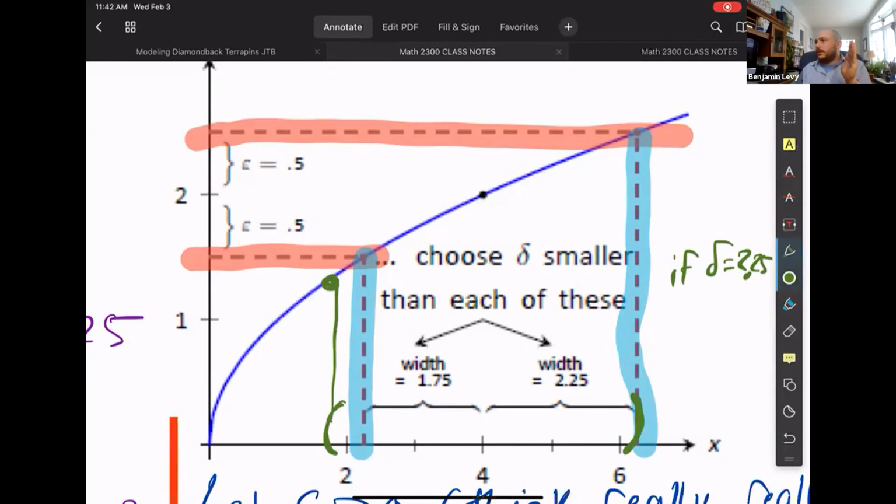Does that make sense? Yep. So we picked the smaller one just to make sure that the interval is inside of what we're trying to achieve. We want to be somewhere between there and there, and so that means we want delta to be the smaller one.